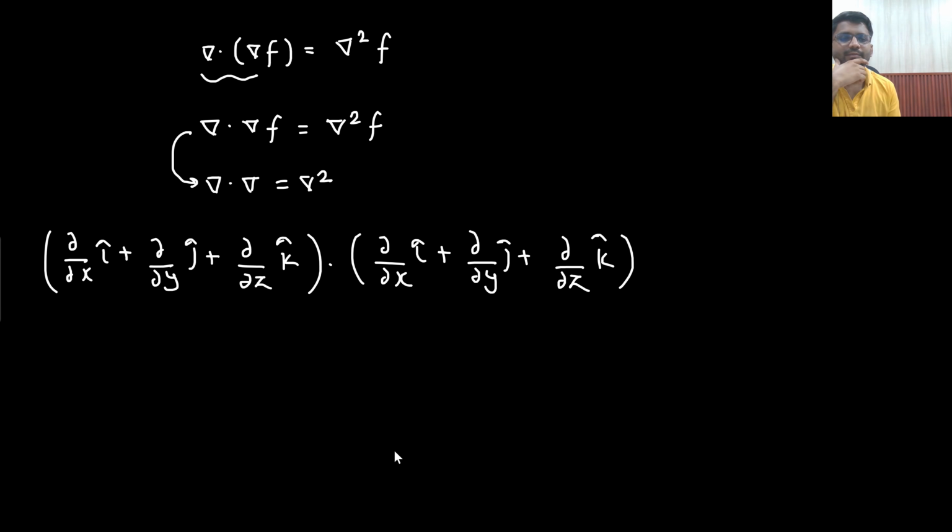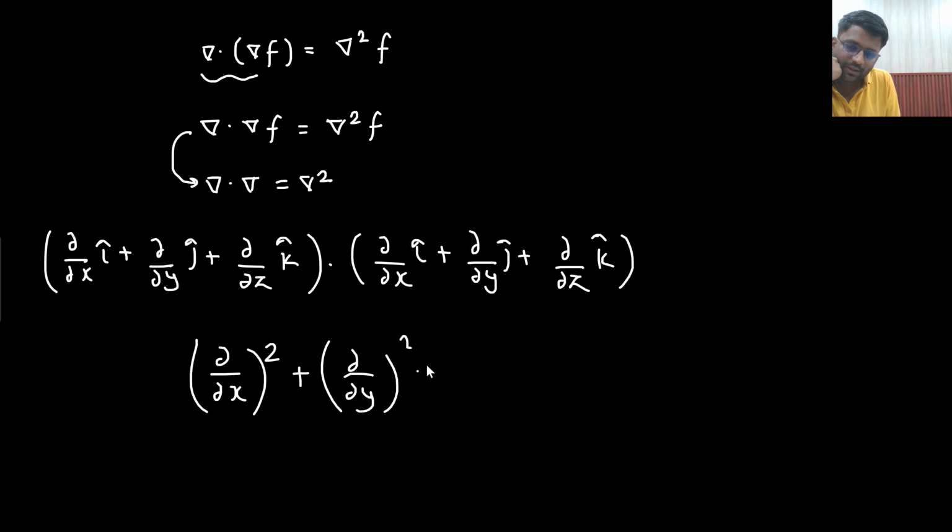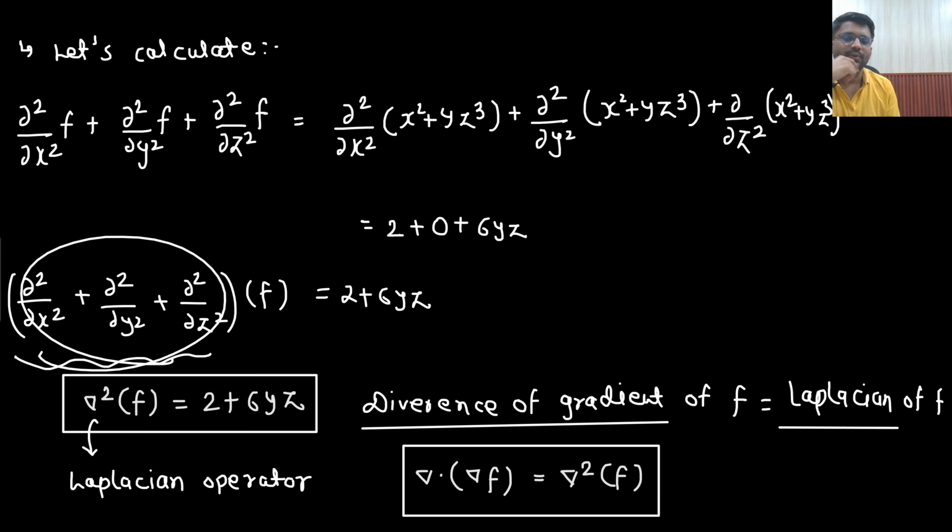Can you do the dot product? Yes sir. If I do the dot product, what is the answer I am getting? Del by del x whole square plus del by del y whole square plus del by del z whole square. It is not equal to this particular scenario.